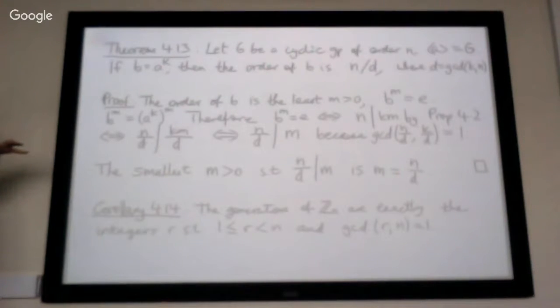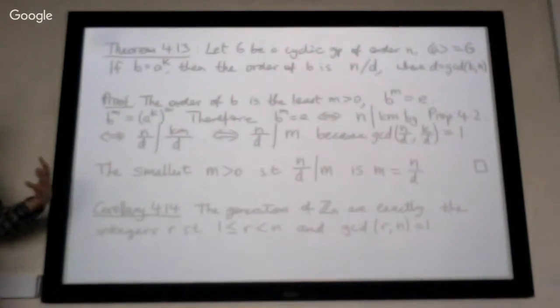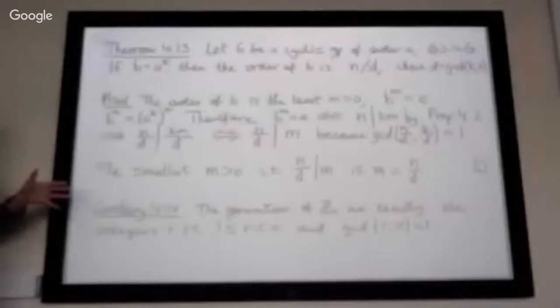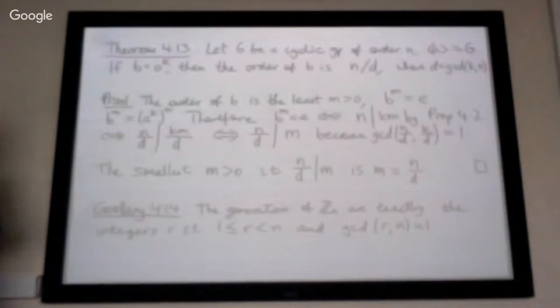I'm not sure in how much detail we've covered this, but about these orders. When you've got an element of any group, we defined its order as the least value of an exponent k such that a to the k is the identity. But the order of an element, directly from this definition, is the order of the subgroup that it generates.